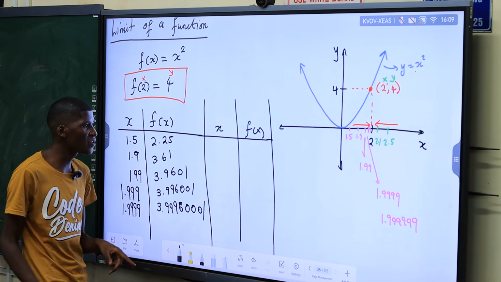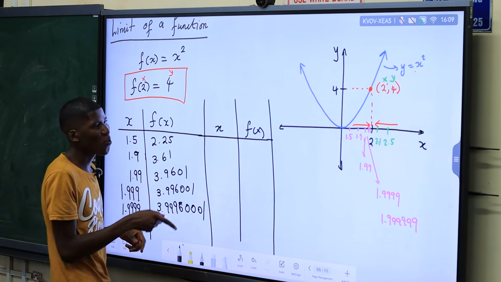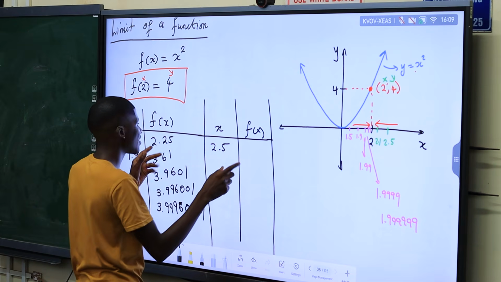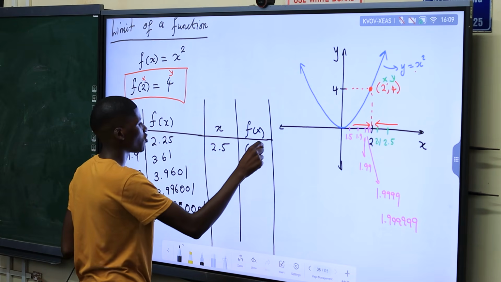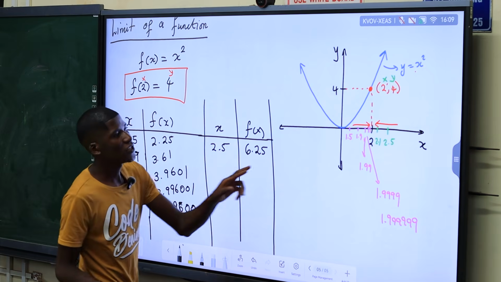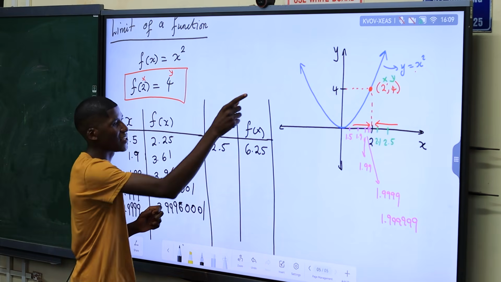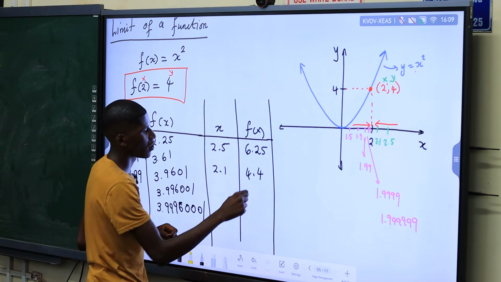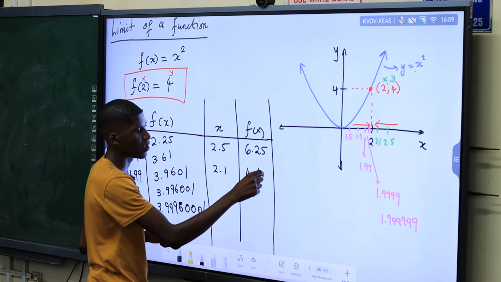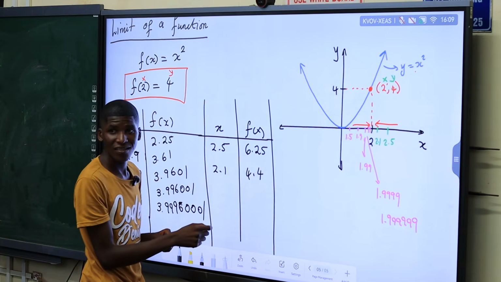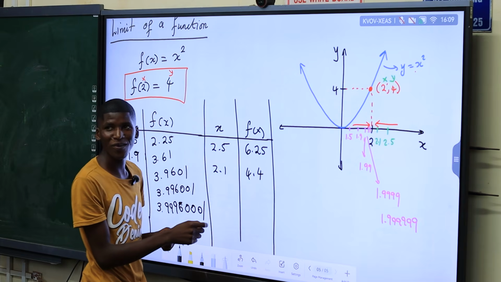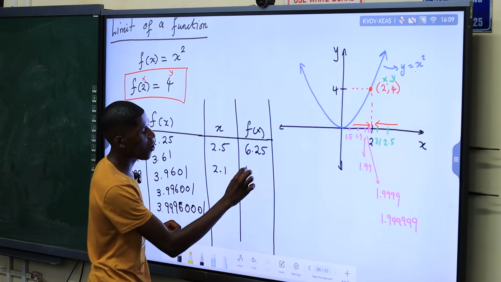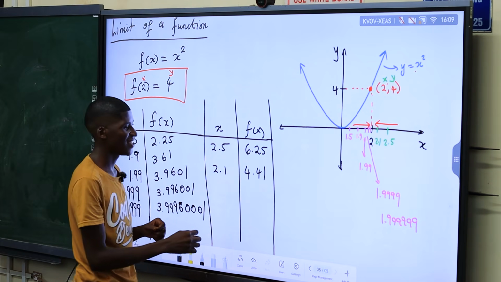So let's do it. I'm not exactly at 2, but I will start at 2.5. What is the y value that I get? 2.5 squared is going to be 6.25, right? And then 2.1 squared, so what is it? 4.41, right?